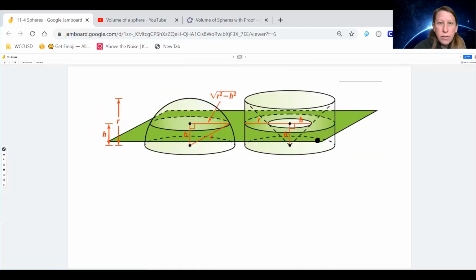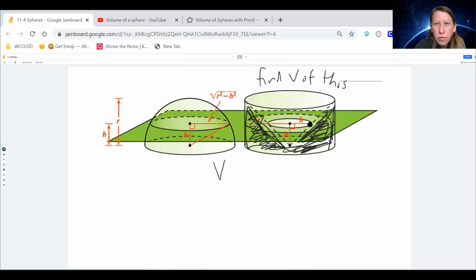I think I'll do it here. So let's try to find the volume of kind of all of this. So we're finding the volume of all of the disks added together. So I'm going to work on that. The volume of this situation, find the volume of this, and you will know the volume of this.